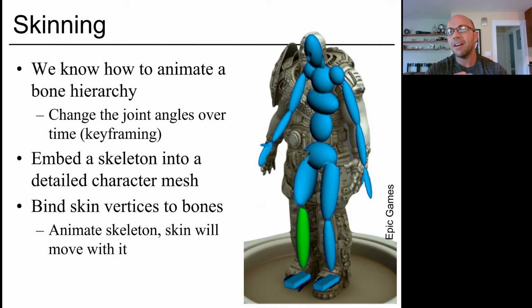So if we know how to animate a bone hierarchy, we now embed that very coarse skeleton into a detailed triangle mesh, bind the skin vertices of the triangle mesh to the bones. And now when we animate the skeleton, we want the skin and bones to move synchronously with one another. Now there's many different techniques for skinning.